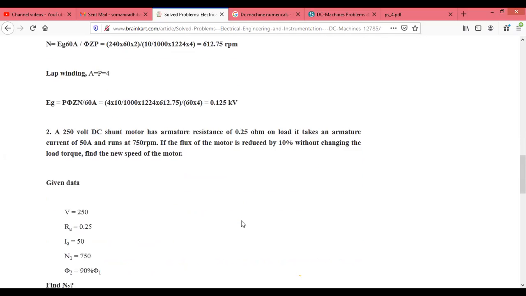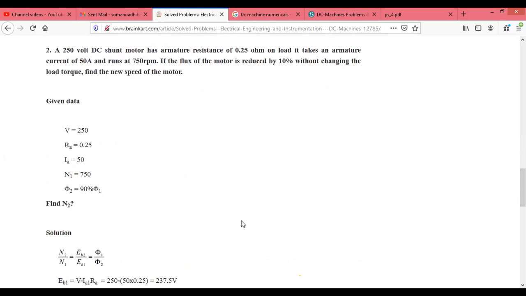Again, we will see one example, then we will conclude the class. Okay, see here. What is the question? A 250 volt DC shunt motor, which has armature resistance RA. This is voltage V, or you can take VT terminal, or you can take induced EMF E. You can take any letter.